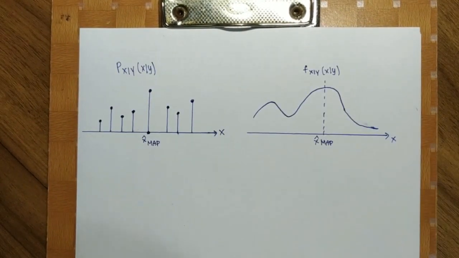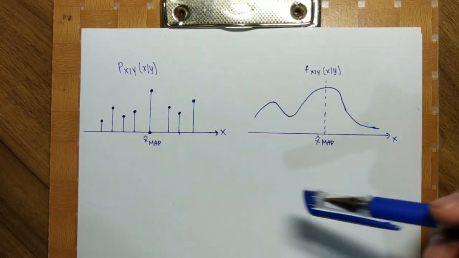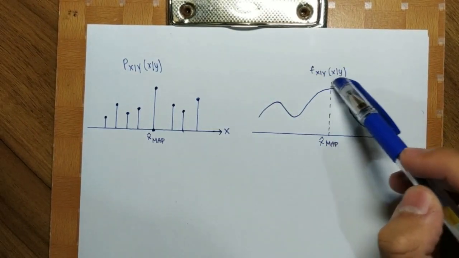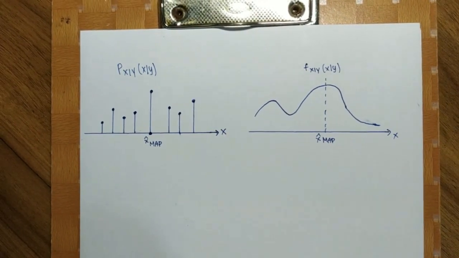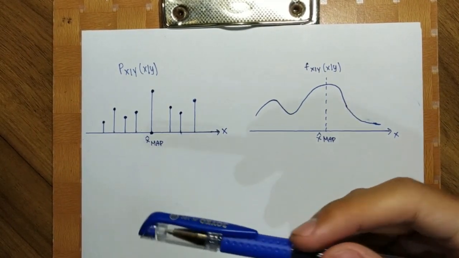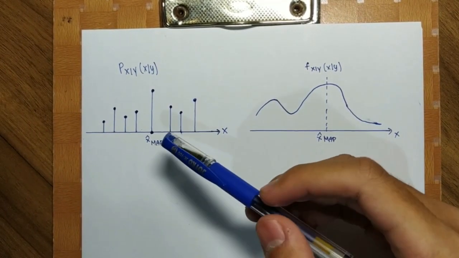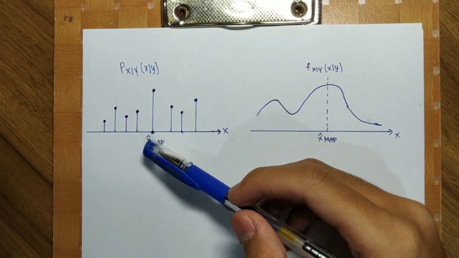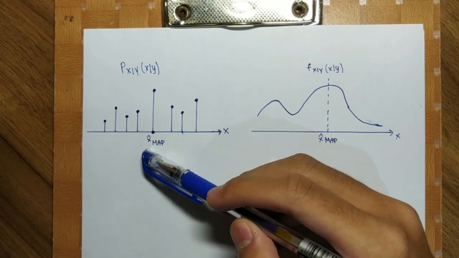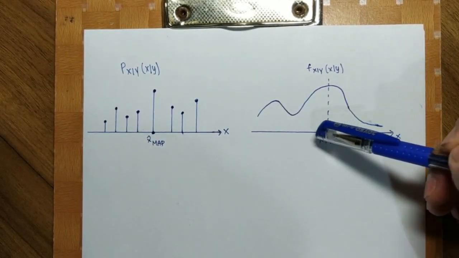Okay, next, here we can see these two graphics. The maximum a posteriori estimate of x given y. The MAP estimate of x is usually written as x estimator MAP, as you can see here and here.